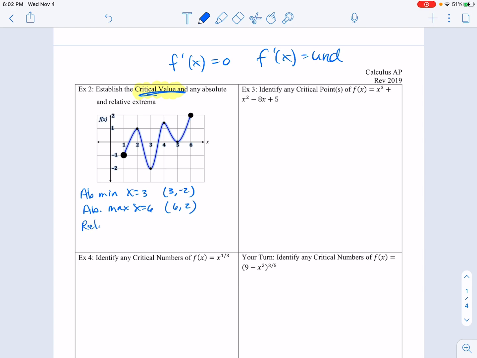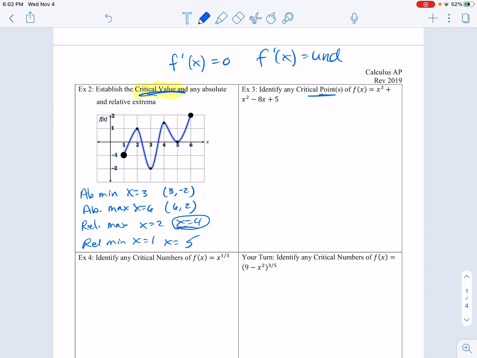Relative max, x equals 2, x equals 4. Relative min, x equals 1, x equals 5. Usually they ask where it is. They want the x value. Or what are the critical values? They want the x value. If they ask for a critical point, I guess I'd give x, y's.